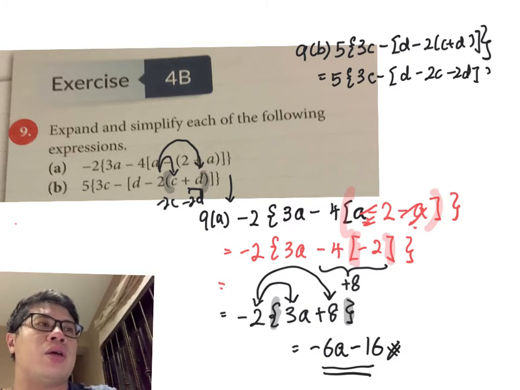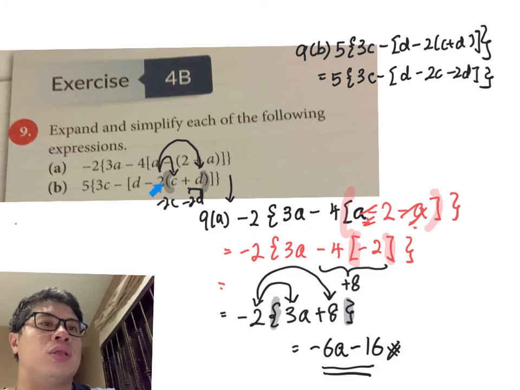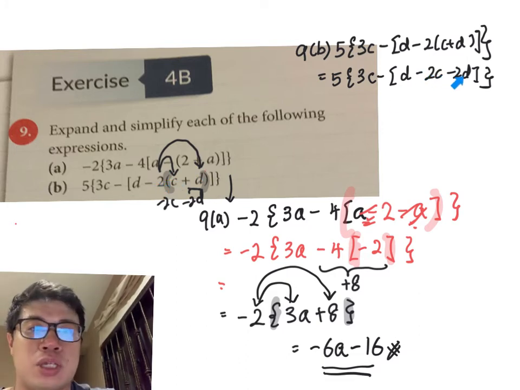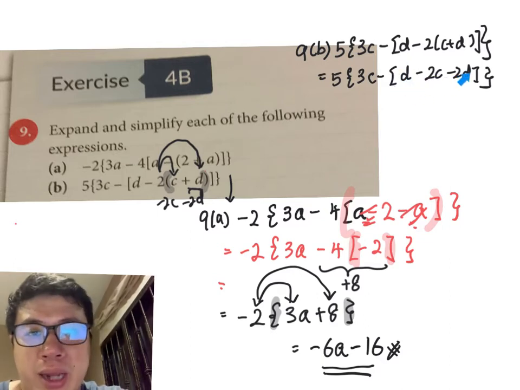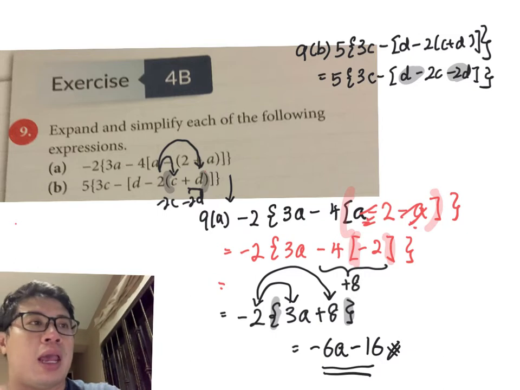Okay, keeping away the rest of the brackets, I remove the most inner curly brackets here, to negative 2c plus d, minus 2c minus 2d. With that, I'll start to simplify as much as possible. Within the same bracket, I combine the like terms, d minus 2d. So if I combine these two, you can see that I end up with d minus 2d. That will give me a minus d, right?